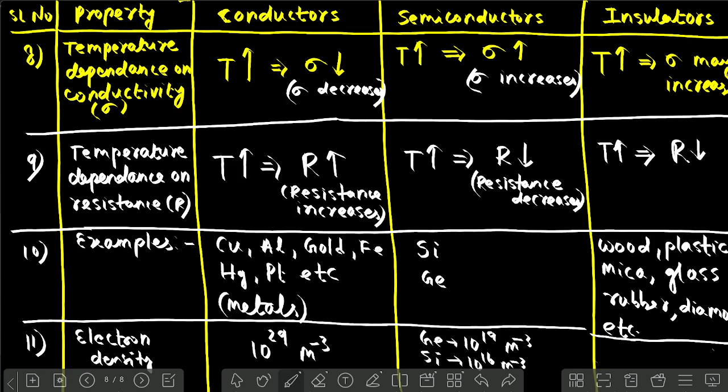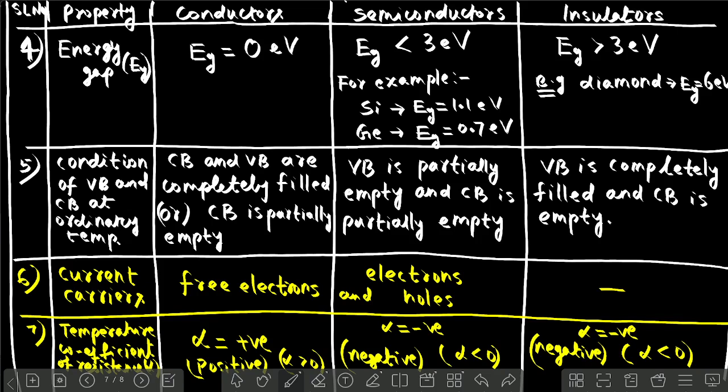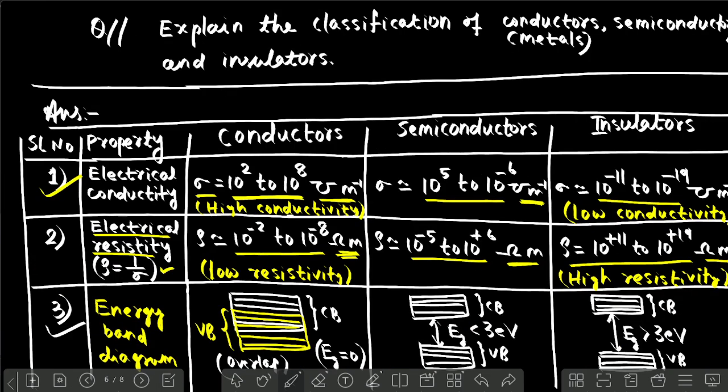Clear, all of you? This is the whole idea about conductor, semiconductor and insulator. All these classifications remember. If they ask about the energy band diagram, then you would write the third point as a 2-mark or 3-mark question with all the pictures.